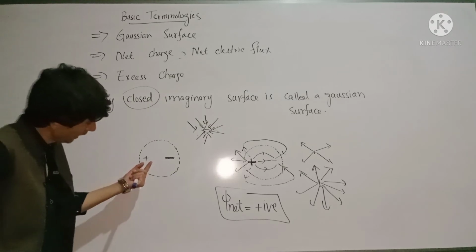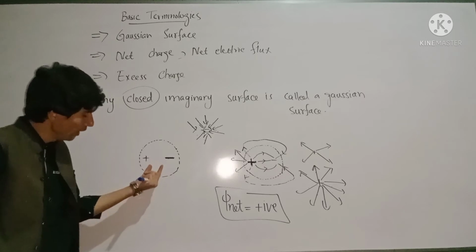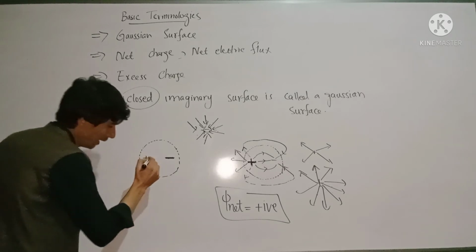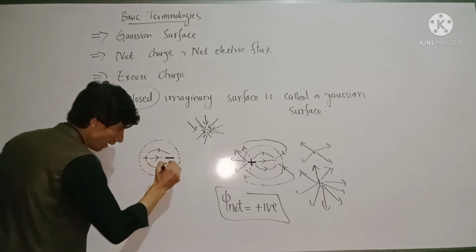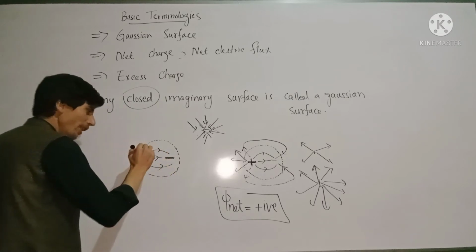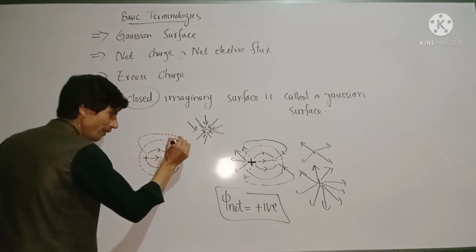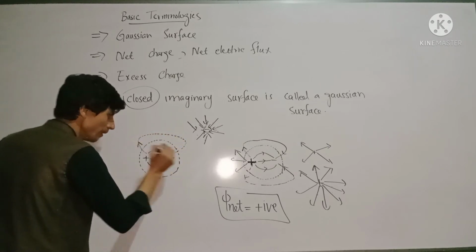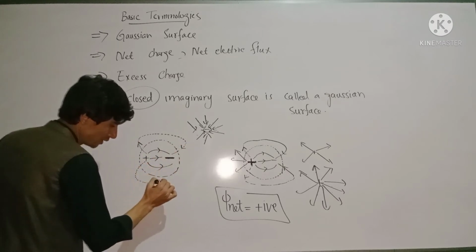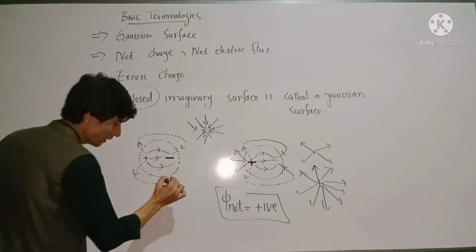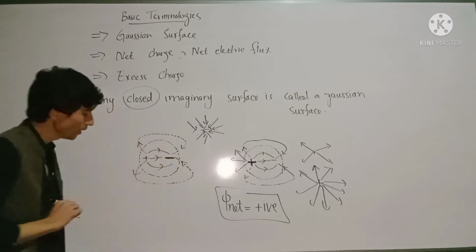So here the electric field developed by these two charges will be represented by electric field lines like this and this, and again we have some electric field lines leaving this surface and entering the closed surface like this. This is another electric field line leaving the closed surface and entering the closed surface again.